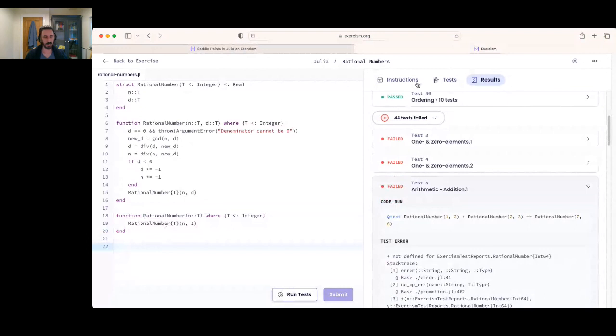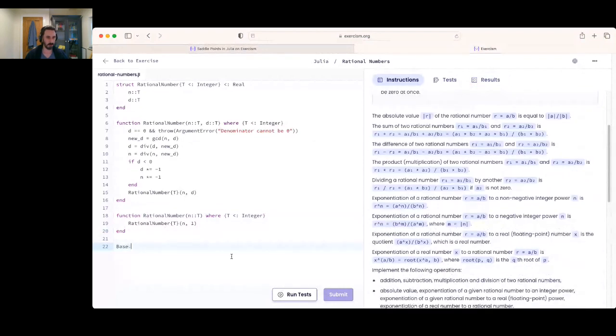So we need to override the add function, and we'd say, okay, A is going to be a rational number, B is going to be a rational number, and we want that to be another rational number. Now, what do we need to do?